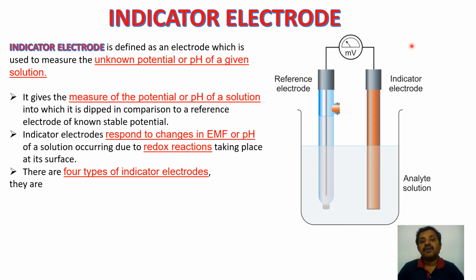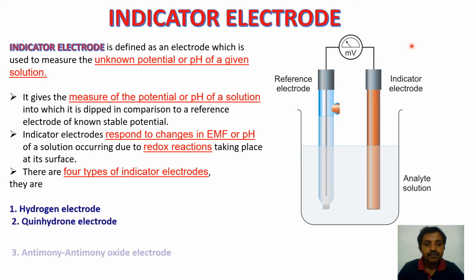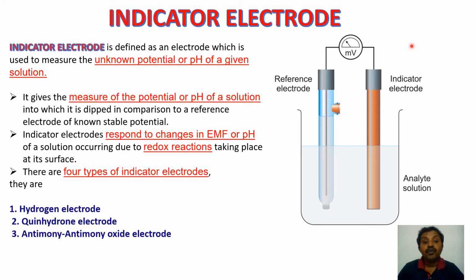There are four types of indicator electrodes. They are the hydrogen electrode, quinhydrone electrode, antimony oxide electrode, and gas electrode.